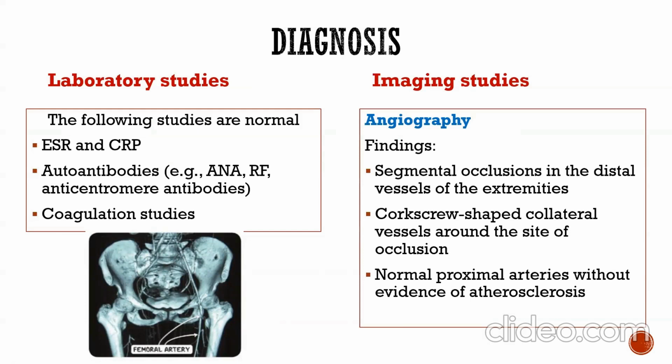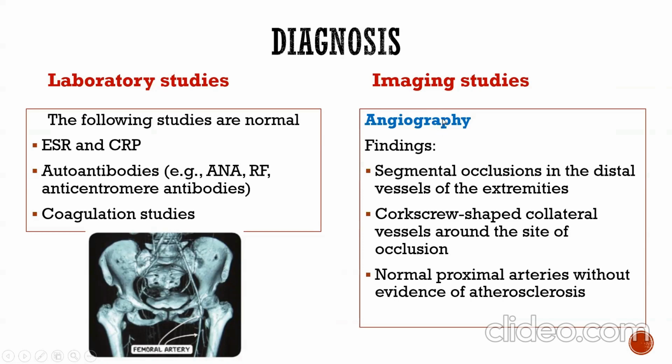Diagnosis includes laboratory studies. The following studies are normal: ESR and CRP, autoantibodies, antinuclear antibodies, rheumatoid factor, and anti-citrulline antibodies; coagulation studies are all normal. On angiography of the femoral artery, we see occlusion of the femoral artery.